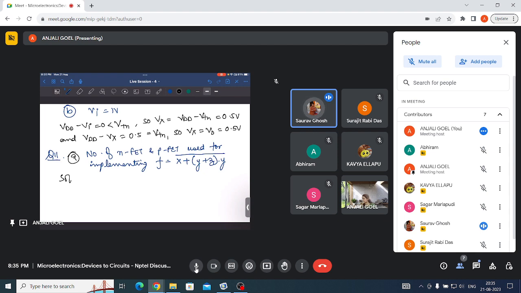Ma'am, for plus operation, the NMOS should be in parallel and the PMOS should be in series, I think. No, I'm just asking the number of transistors. Okay.